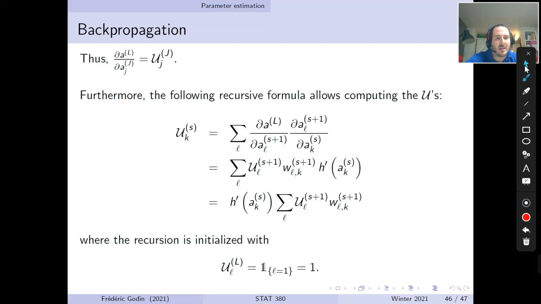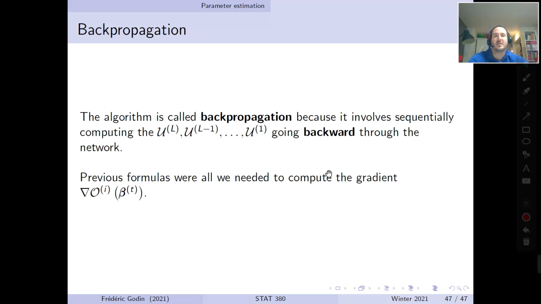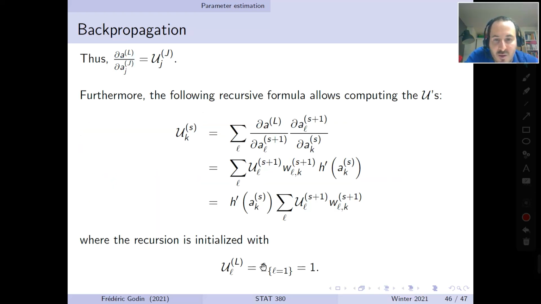And we see why this is called the backpropagation algorithm, because this method involves going sequentially backward through the network to compute these quantities. Okay, so backward we see it because we start with the last layer of activations. We put the value 1, and then we run this recursive algorithm which goes back through layers. So you start at the last layer L, you get values for L minus 1. From the values at layer L minus 1, you get values at L minus 2.